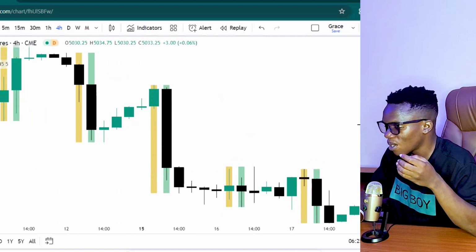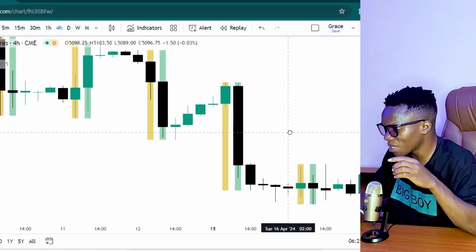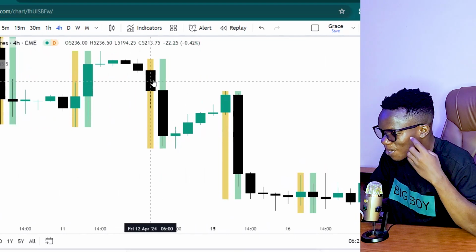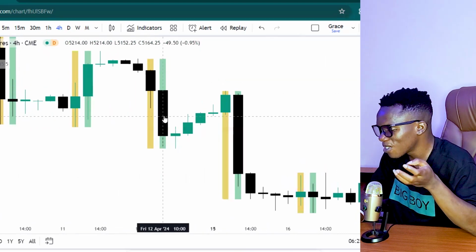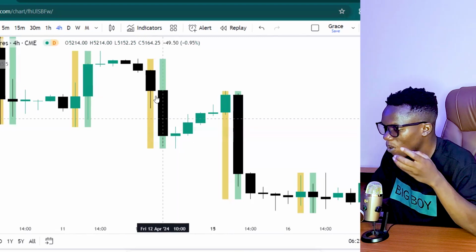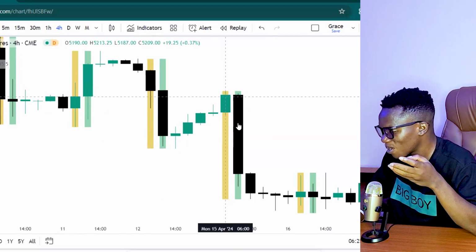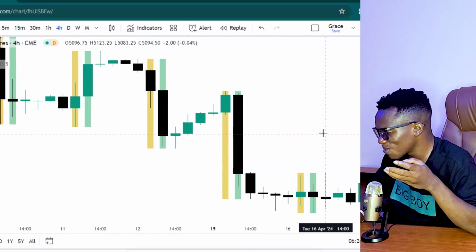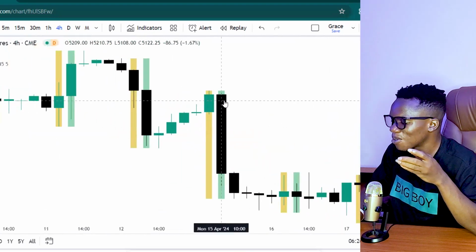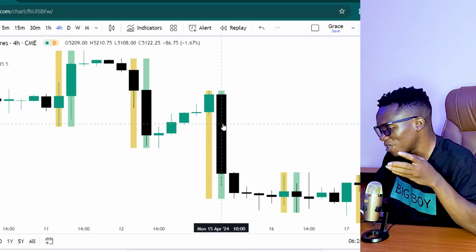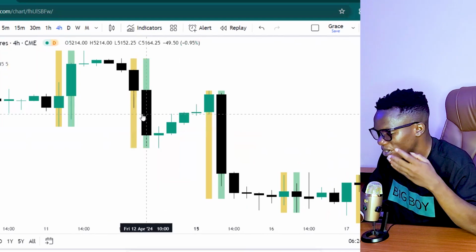If you look at my screen, you'll observe that each is just one 4 hour candle. So this London key zone is one 4 hour candle, the New York key zone is one 4 hour candle. One candle, one candle, one candle. Each of these candles is a London key zone or New York key zone.